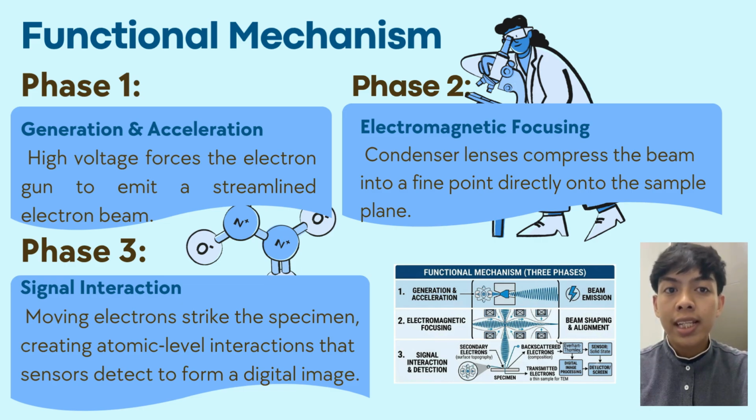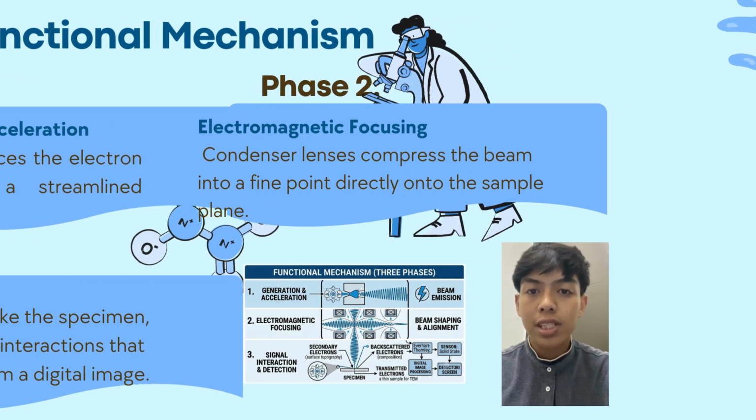Finally, when the electrons strike the specimen, they interact with the atoms of the sample, creating signals that are collected by specialized detectors to construct a high magnification digital image. That summarizes the basic scientific principle and mechanism of this technology.